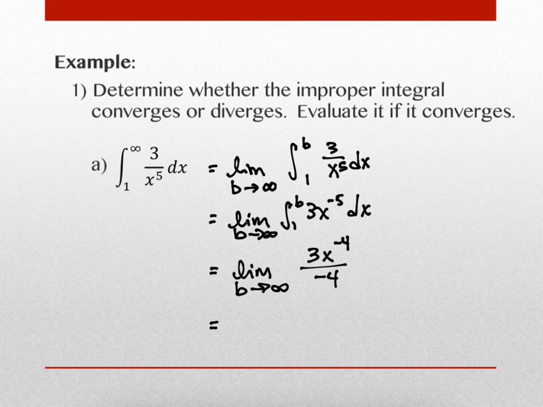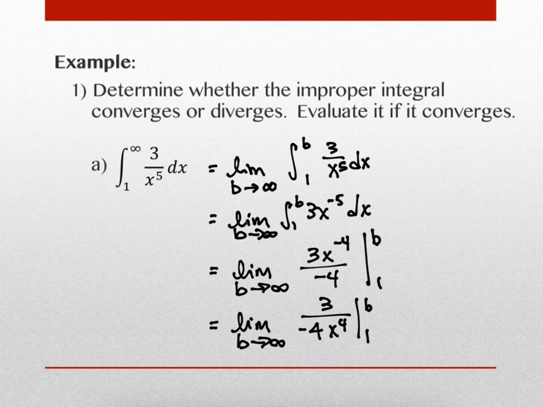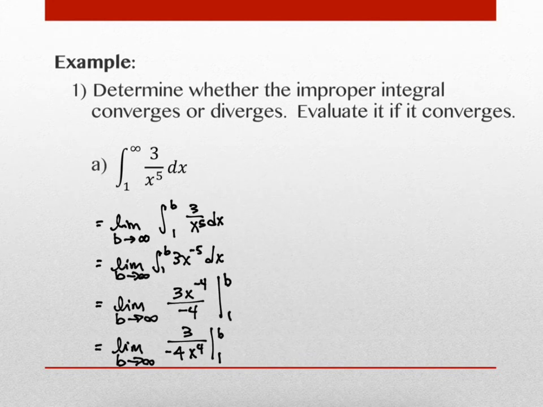All right, so I'm going to rewrite this as, let's see, we would have 3 over negative 4x to the fourth. Does that look okay? And then on all of these, when we're doing definite integrals, we would have evaluated them at the upper and the lower limit, the b and the 1. So what does that look like? Let me shrink this and shift it over a little bit.